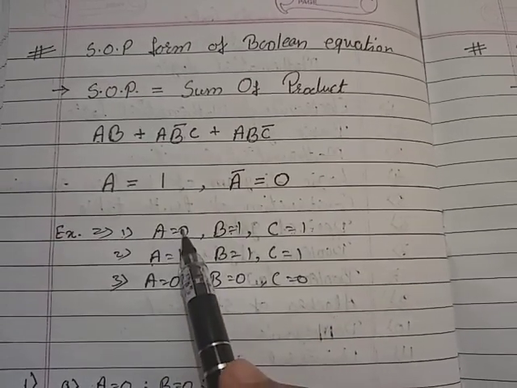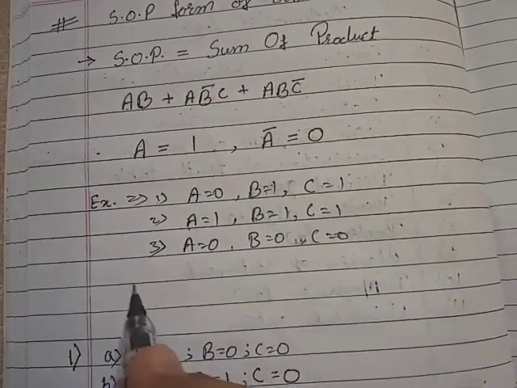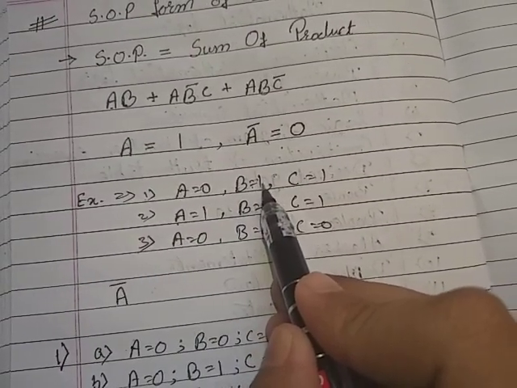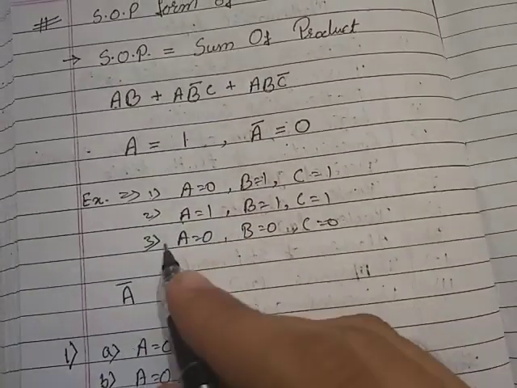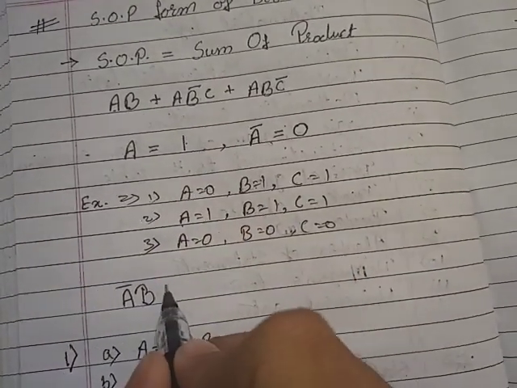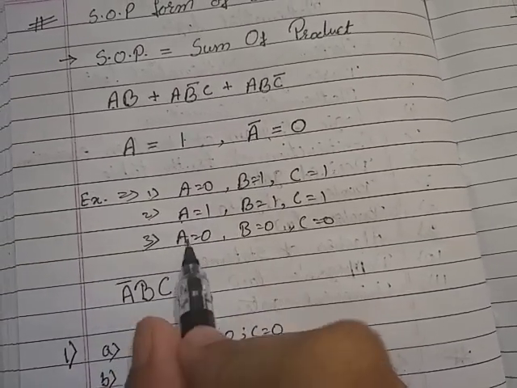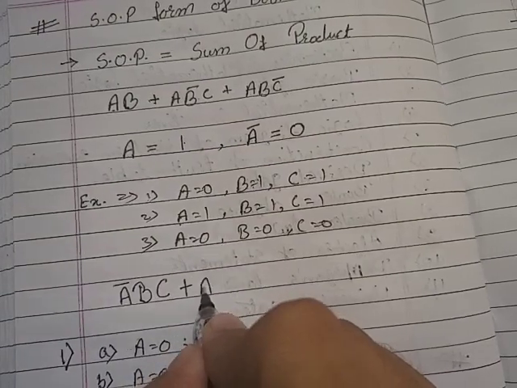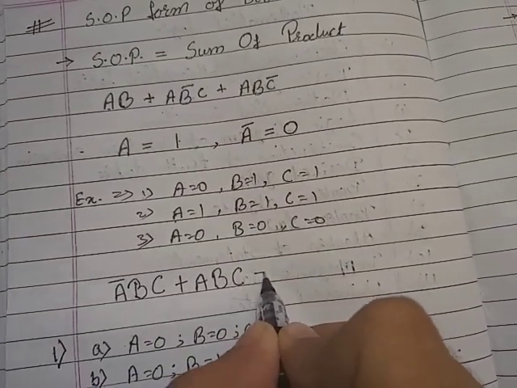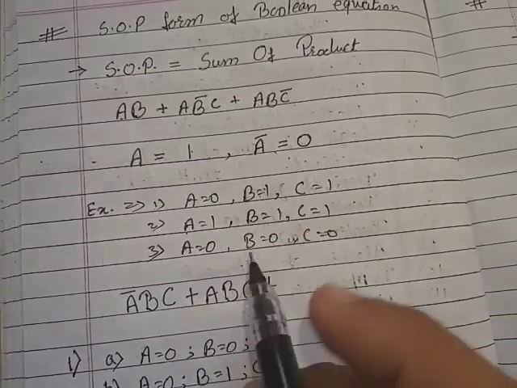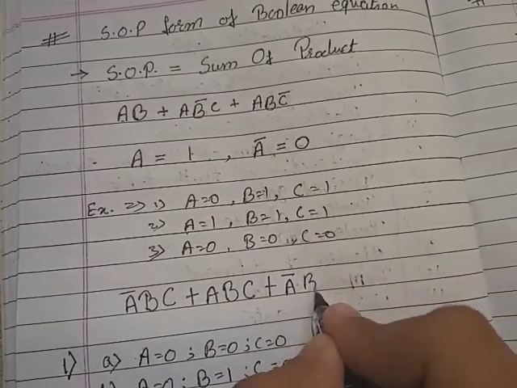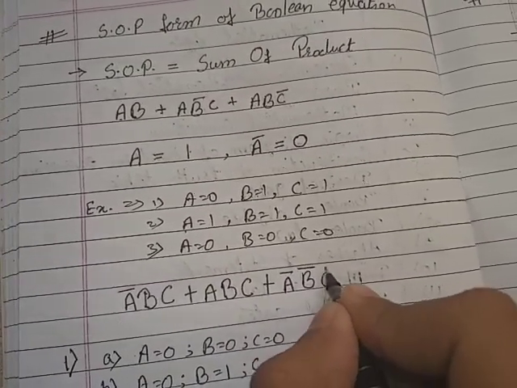So let's see how to convert these conditions into SOP form. As we know, 0 is equal to a bar, so we write a bar. b is equal to 1, that means b, and c is equal to 1, that means c, plus a is equal to 1, that is a, b is equal to 1, that is b, c is equal to 1, that is c, plus now a is equal to 0, so a bar, b is equal to 0, that means b bar, and c is equal to 0, that means c bar.